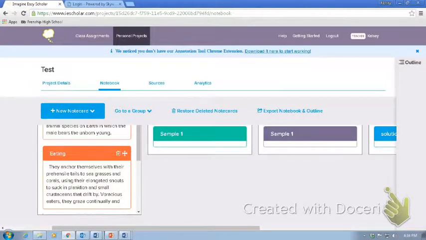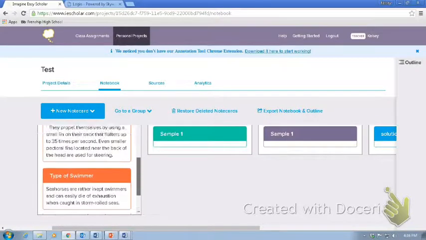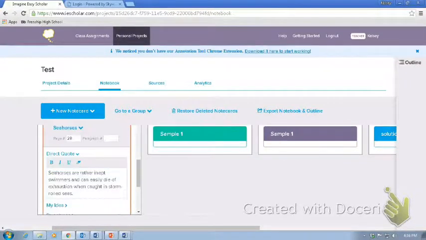These, if they were yours, would be filled out all the way, but I just did these quickly to give you an example. So I'm going to use this note card right here because, because of the shape of their body, they're not good swimmers.